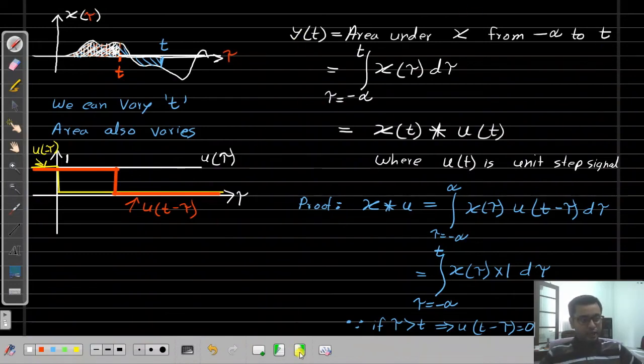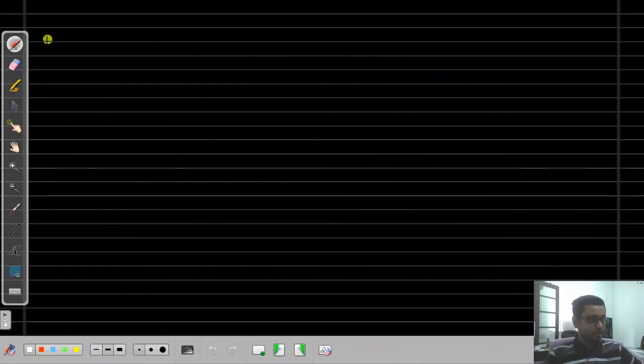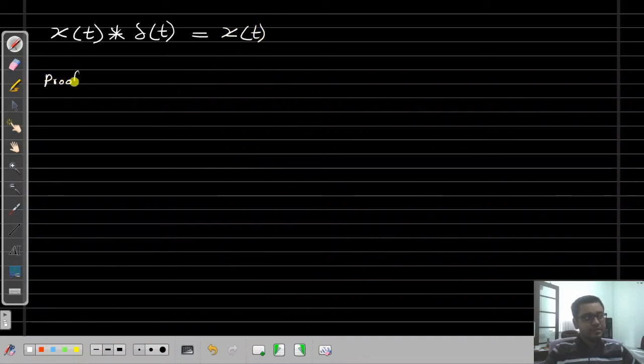Now I will tell you another very important formula, which is this. Given any arbitrary function x, if you convolve this with delta(t), the result will be x itself. Proof is very simple.